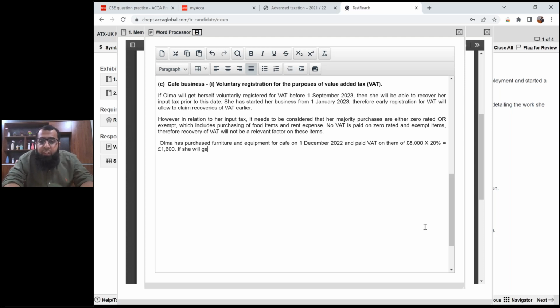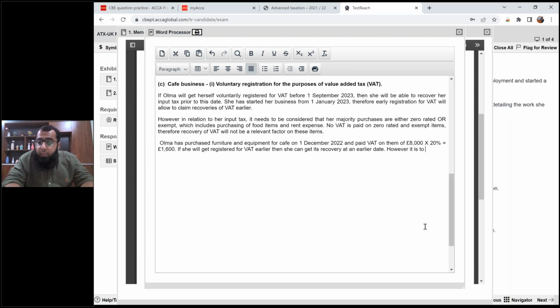If she will get registered for VAT earlier, then she can get its recovery at an earlier date. But here you need to consider one thing.